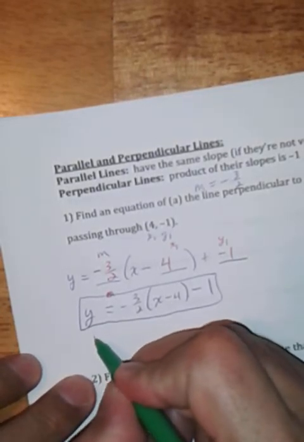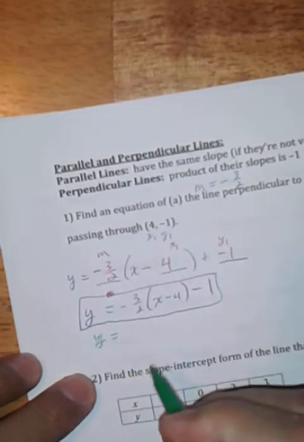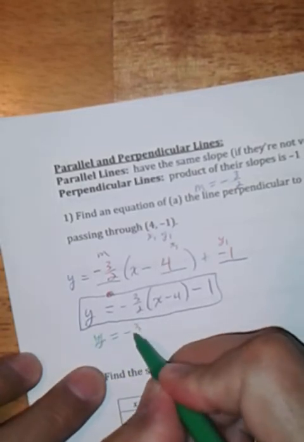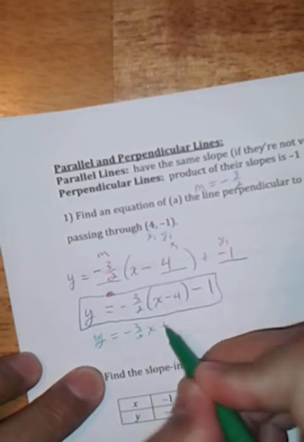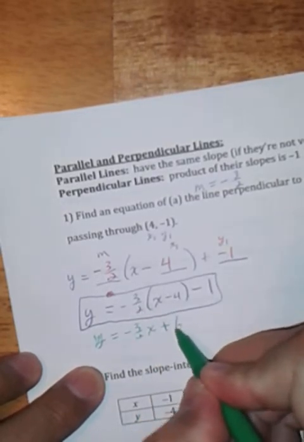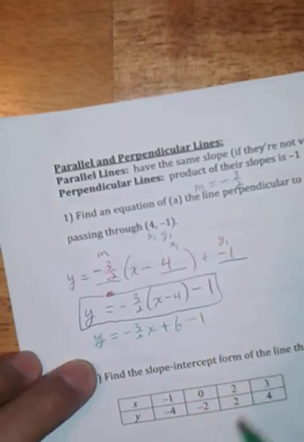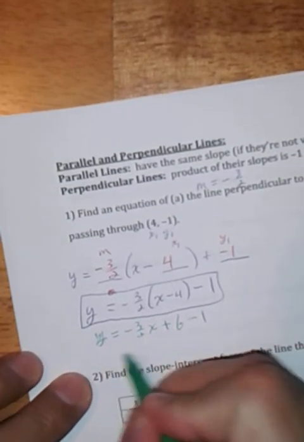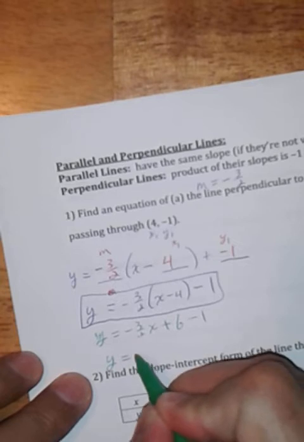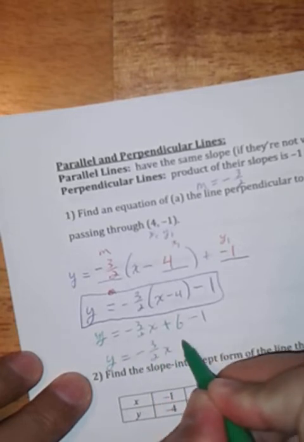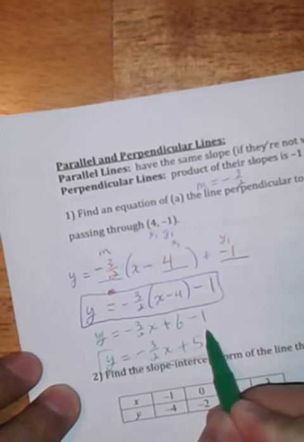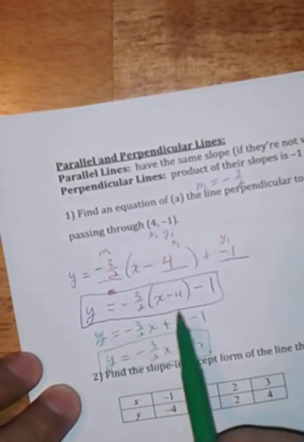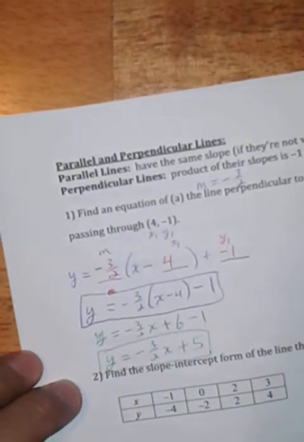So y equals, if we want it in slope-intercept form, -3/2 times x is -3/2 x. -3/2 times -4 is plus 6 minus 1. And then just combine like terms. So you'd have y equals -3/2 x plus 5. Okay, so this is in slope-intercept form. And I could answer either one because it doesn't specify.